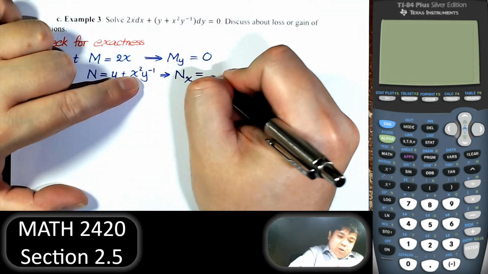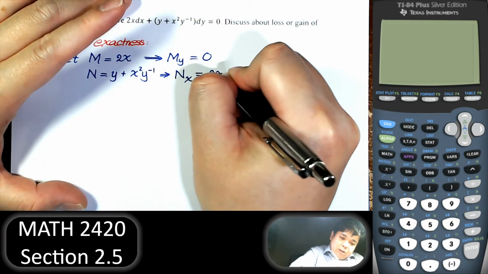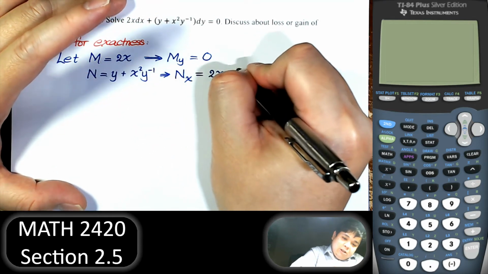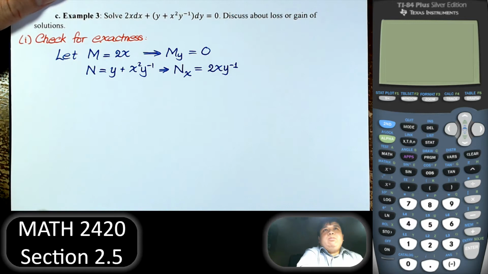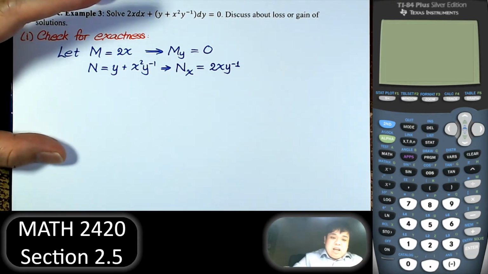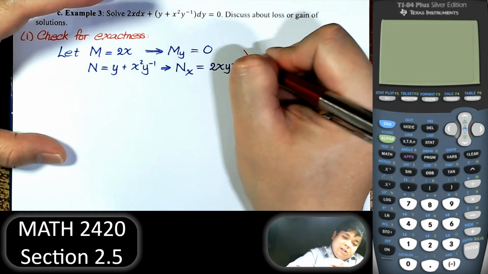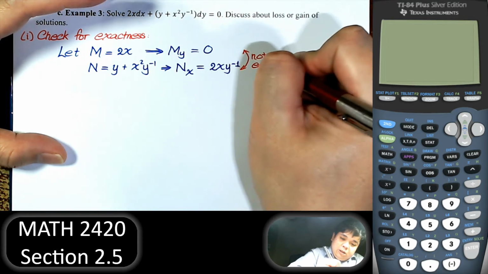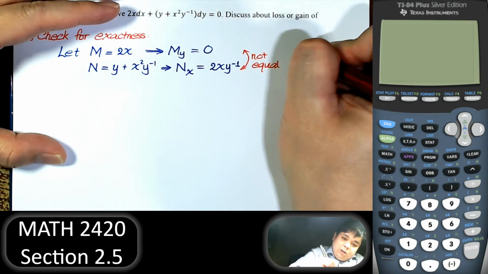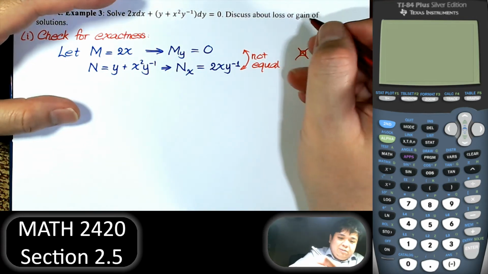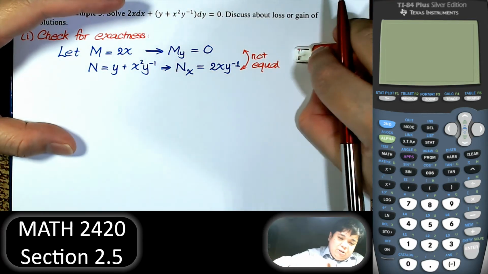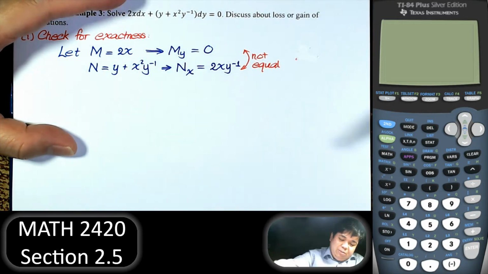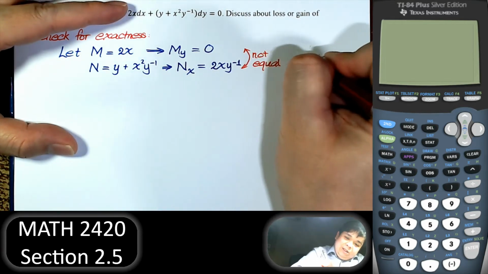With respect to x, we just do x and then y to negative 1. Right, simple enough. And they are not the same, so it is not exact. I just spell it out. That would be better than just writing it simply.